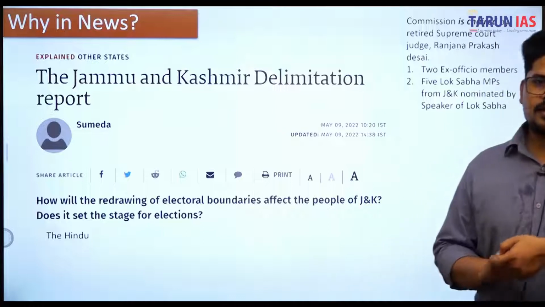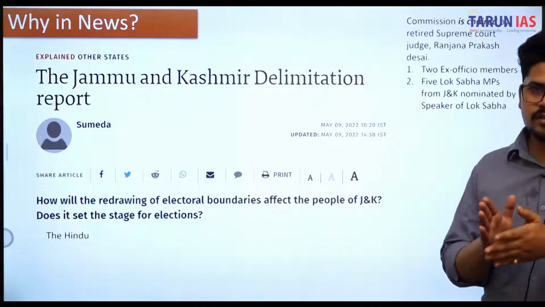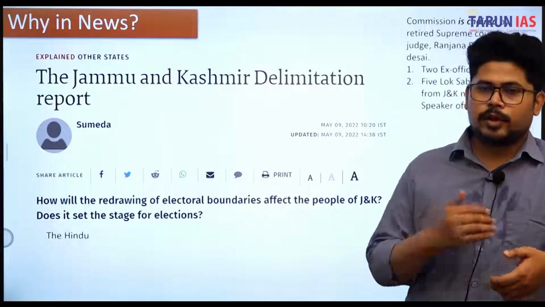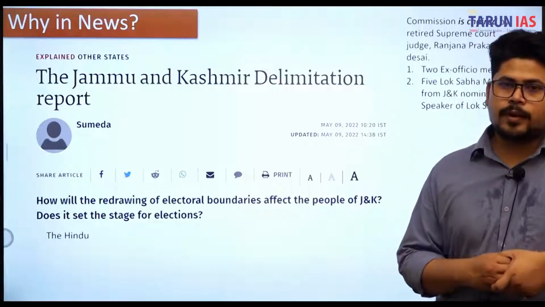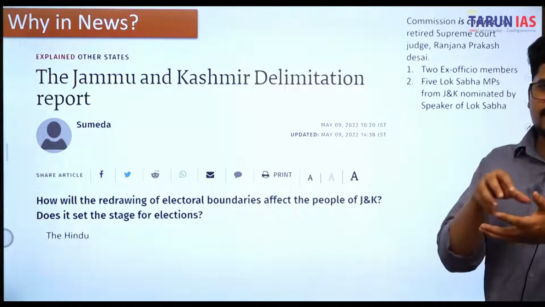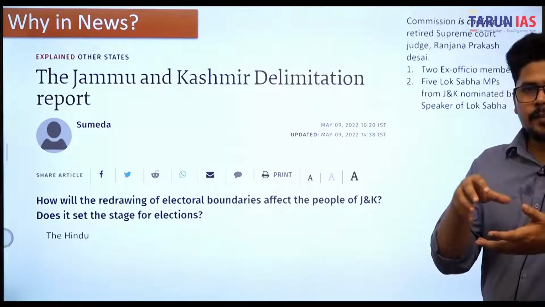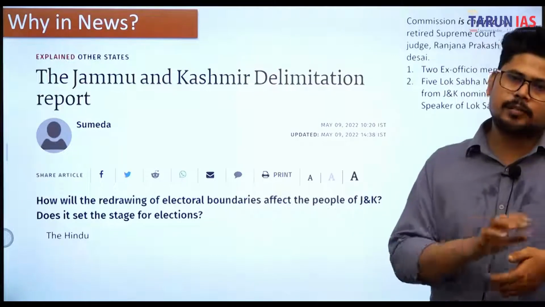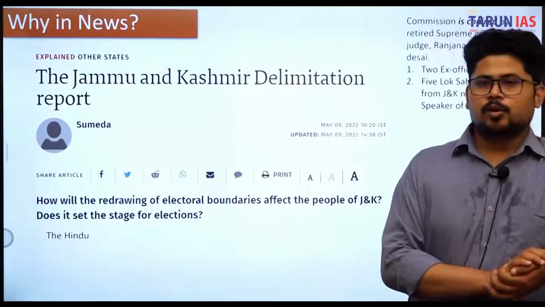It was chaired by the retired Supreme Court Judge Ranjana Prakash Desai, 2 ex officio chairmen, and 5 Lok Sabha members from the state of J&K, who were appointed by the Speaker of Lok Sabha as the members of this delimitation commission. So what was the composition?